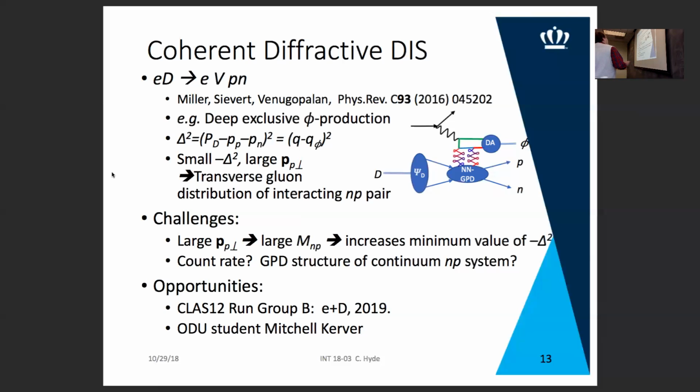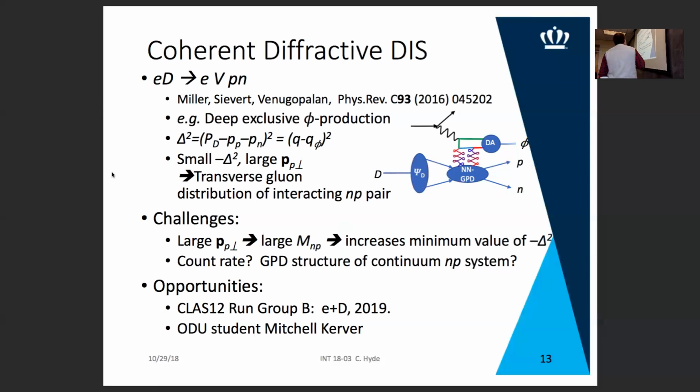And then if we're looking at large mass, large PT, large meaning like hundreds of MeV/c, then essentially the deuteron wave function is being resolved to a short distance configuration of the neutron-proton pair.